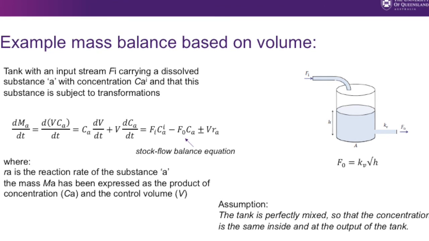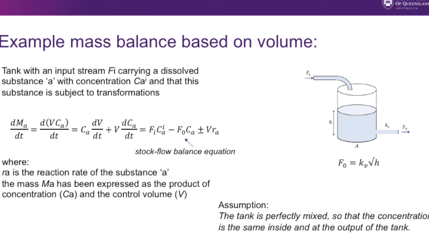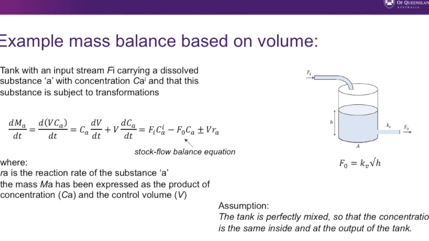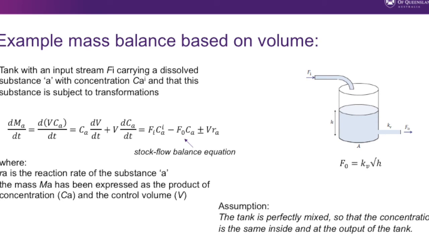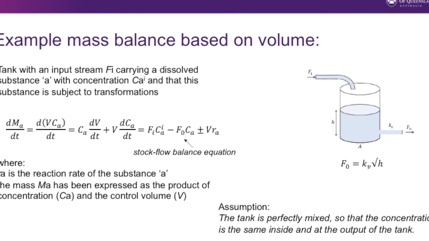So if we multiply the flow, which is in units of volume per time, by the concentration, which is in units of mass per volume, we will end up with the flows in terms of mass, all right? And then for the reaction component, we will have to multiply Ra per volume. So this is the volume in the tank.